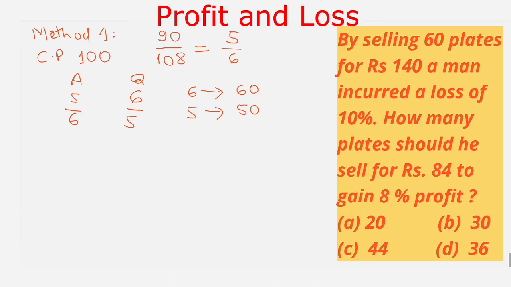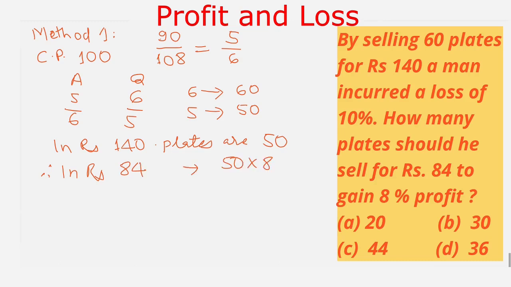Now we have to find the quantity of plates for rupees 84. We can easily calculate it now. In rupees 140, plates are 50. Therefore, in rupees 84, we have to find the number of plates. This is 50 multiplied by 84 divided by 140. 14 divides 140 for 10 times and 84 for 6 times.